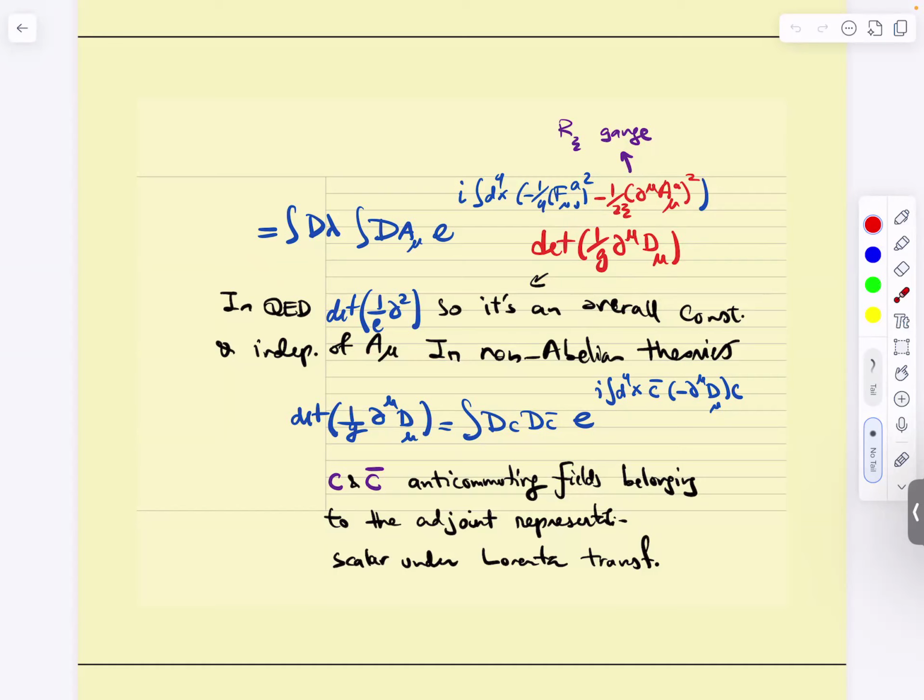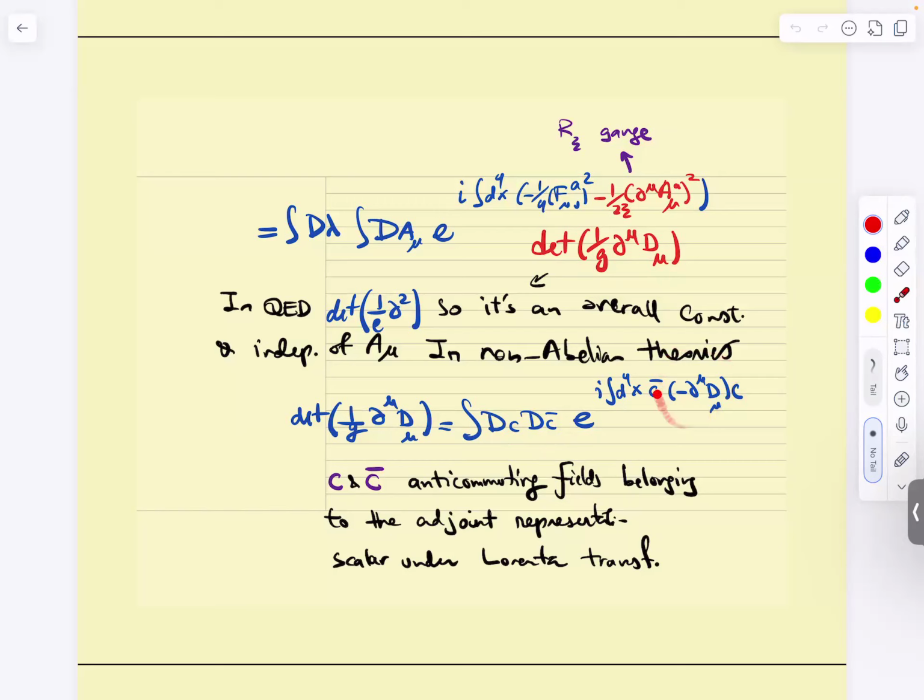In non-abelian gauge theory, D mu, the covariant derivative, has the gauge field in it. Therefore, the trick that you use is that this determinant you write as a path integral over anti-commuting fields that you introduce, c and c bar. These are complex fields. They're scalar under Lorentz transformations and transform in the adjoint representation of the gauge group, right?